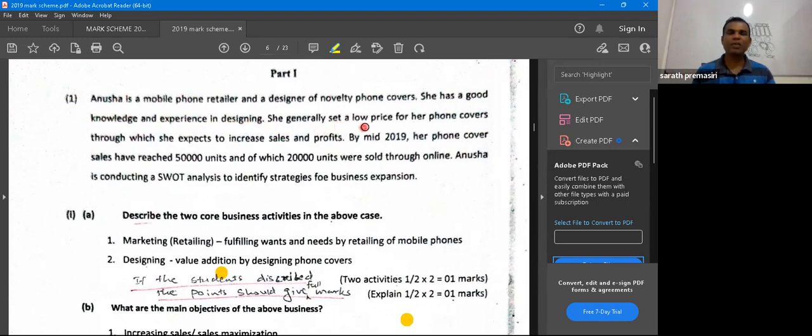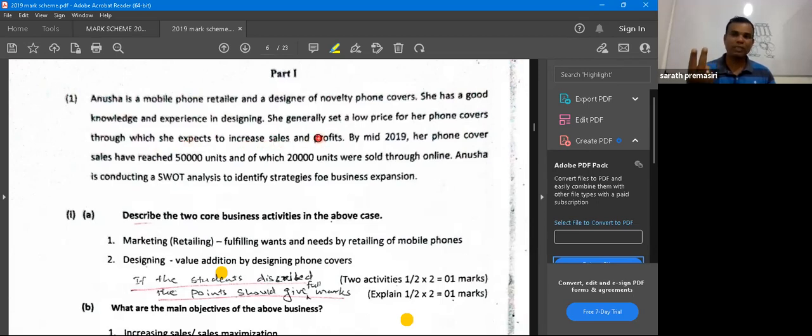She generally sets a low price for her phone covers. It is also a business strategy as well as a strength of Anusha's business, by which she expects to increase sales and profit. Now you see, that is one or two objectives. First one is increasing sales, because she expects it. Increasing profit is another objective.